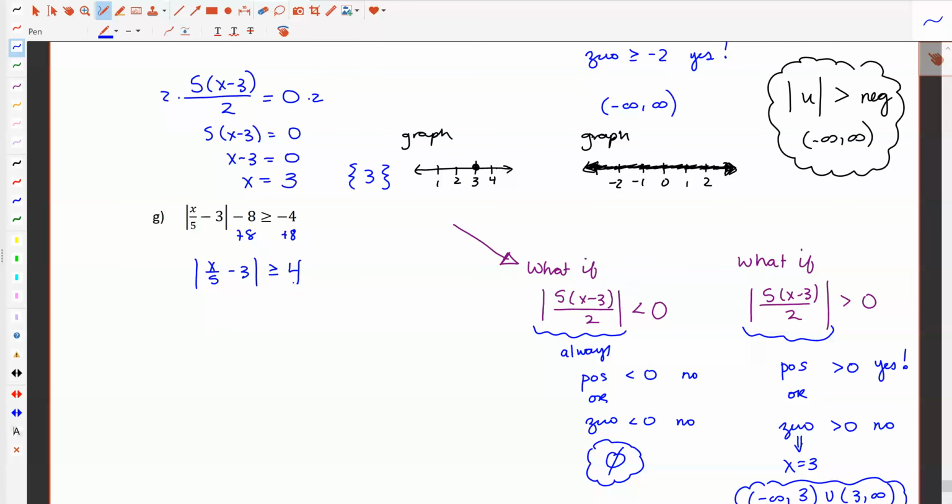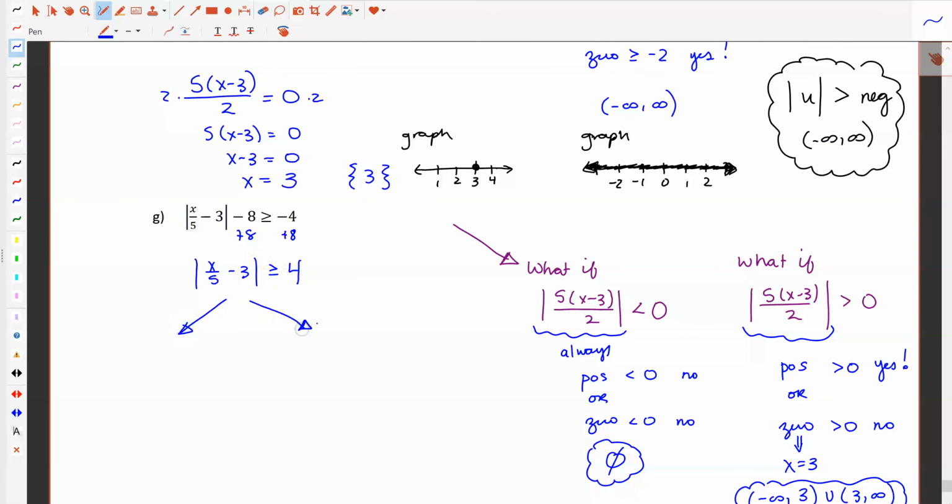Now, don't be surprised if you're like, wait, I don't remember that, because we've talked about a lot of stuff since then. But that's the point you need to get to: you need to start remembering, if I have an absolute value and the greater than inequality, what do I need to do to set those up? This is the one of the greater than, because you're being pushed away from 0.